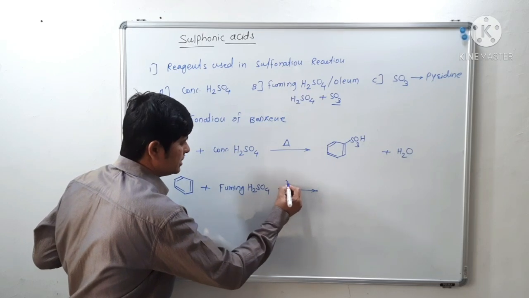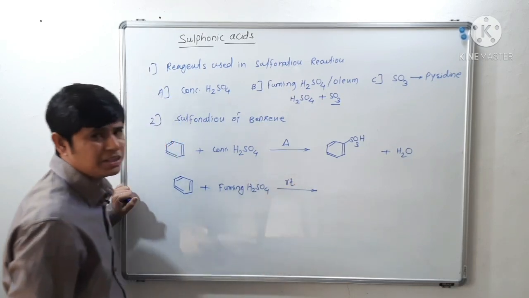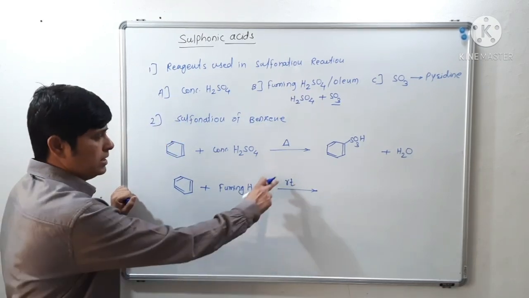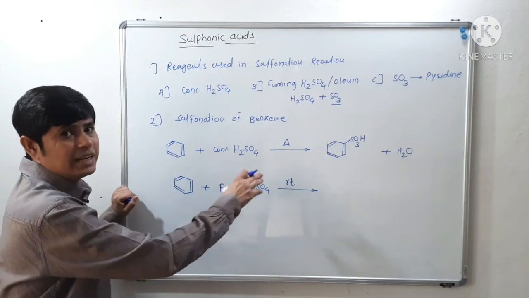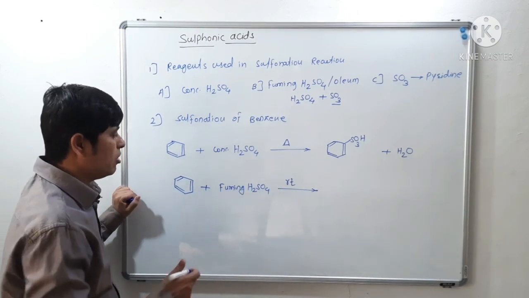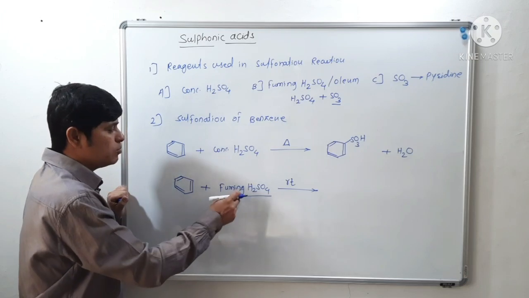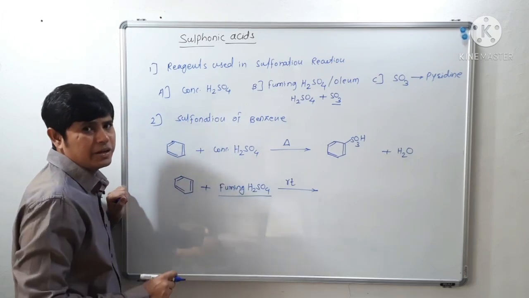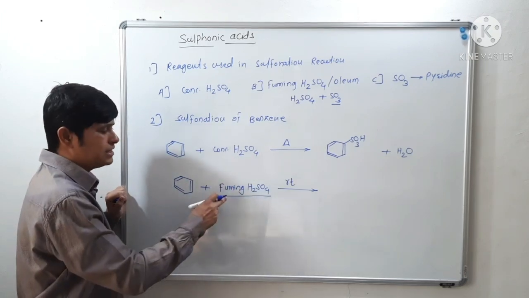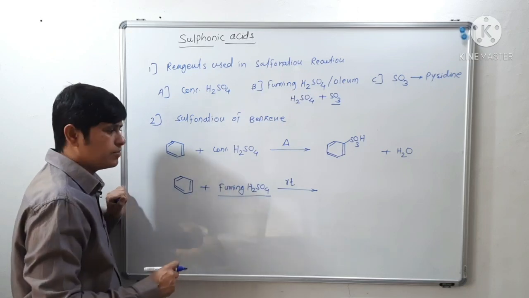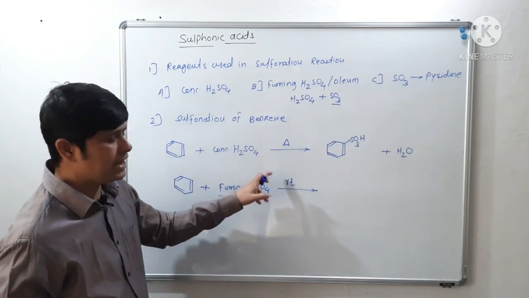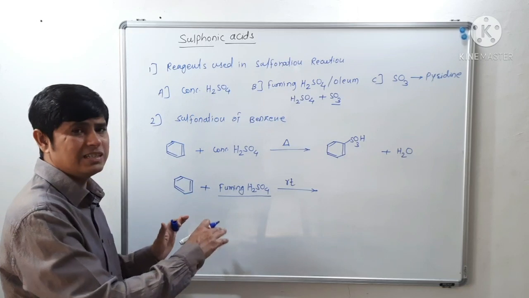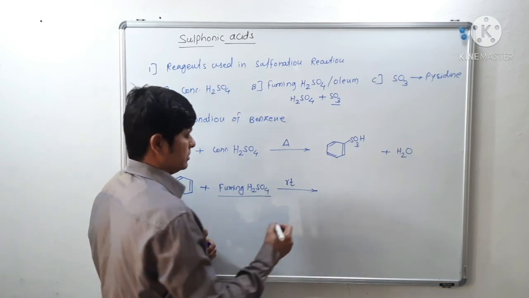This reaction will just take place at room temperature, that is RT, because fuming sulfuric acid is stronger than concentrated sulfuric acid. Hence we will not require higher temperature. This reaction will just take place at lower temperature.